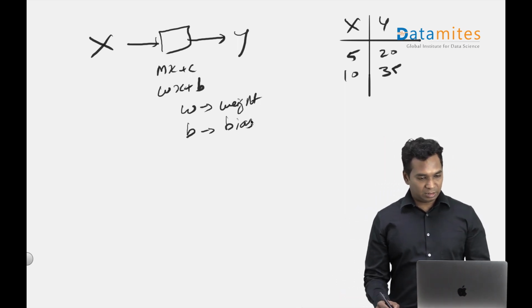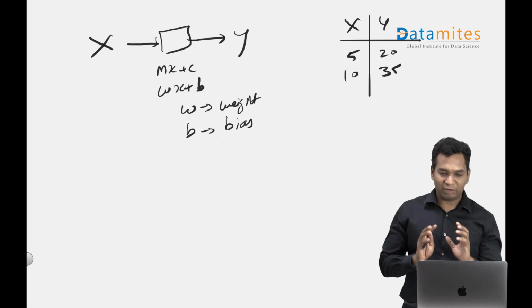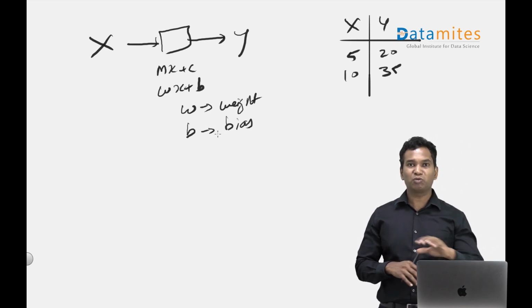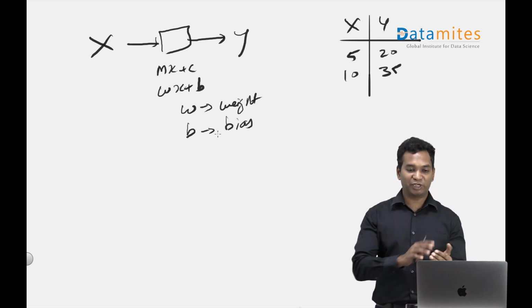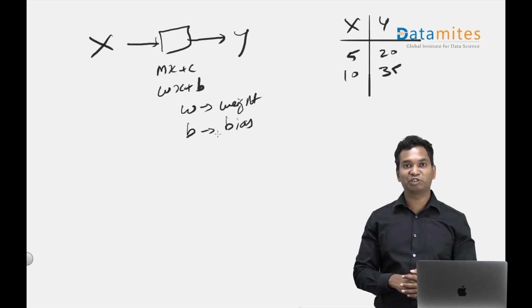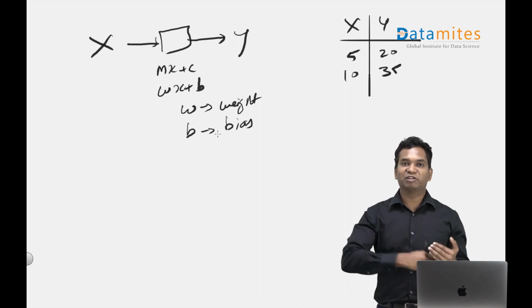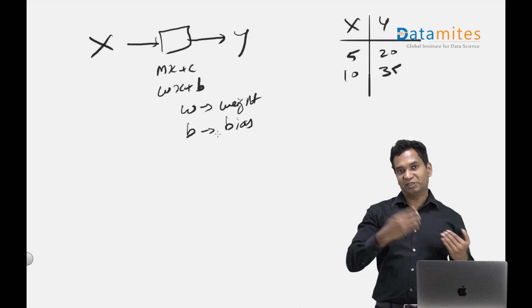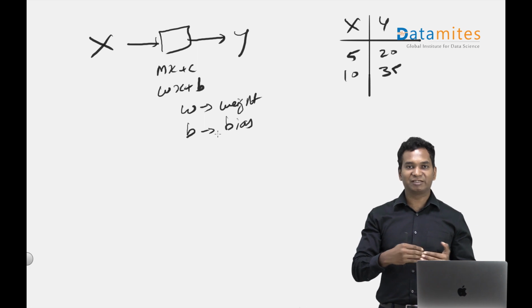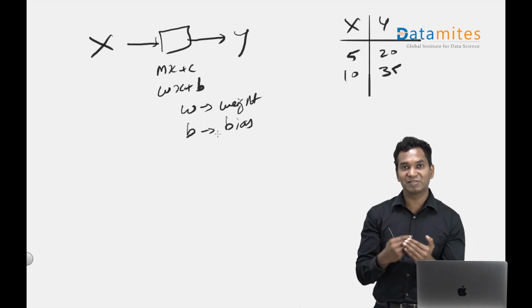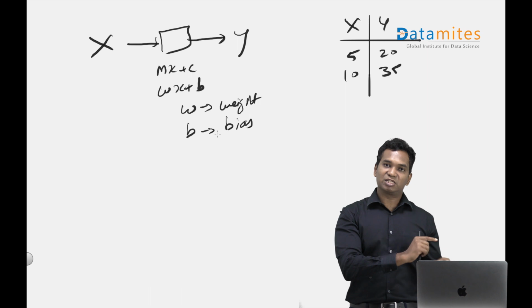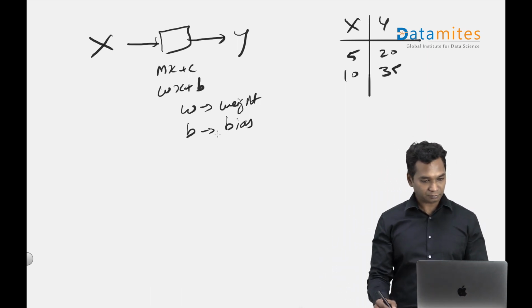Okay. I want to find the W and B values, not by mathematically solving it, because if you have two data points, of course, you can solve it simultaneously. If you have 100, 1,000 records, a million records, obviously you're trying to fit a line in a simple manner, and calculate the W and B in such a way that you reduce the error, which we saw as a cost function.